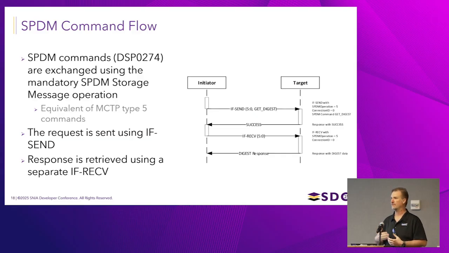And then there's a follow-up command that basically says, send me your response to that. This handshake, or this binding between these two separate requests, is one of the big things that the storage binding actually spells out and specifies.